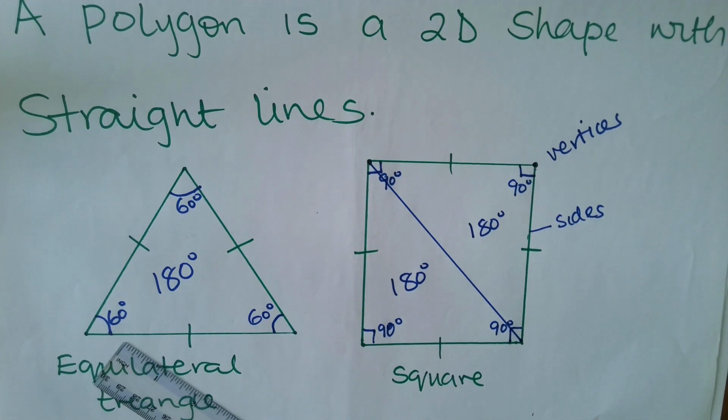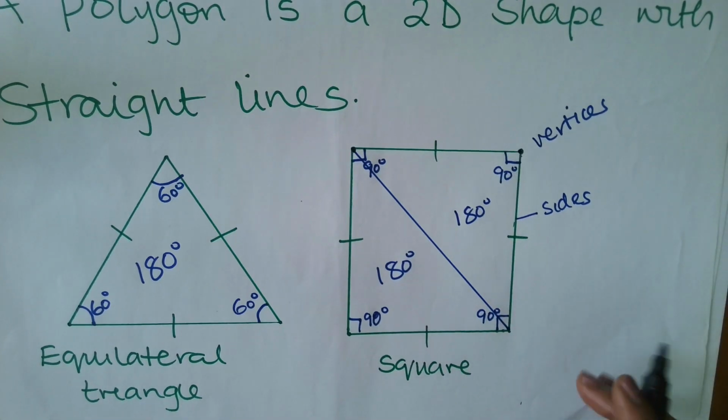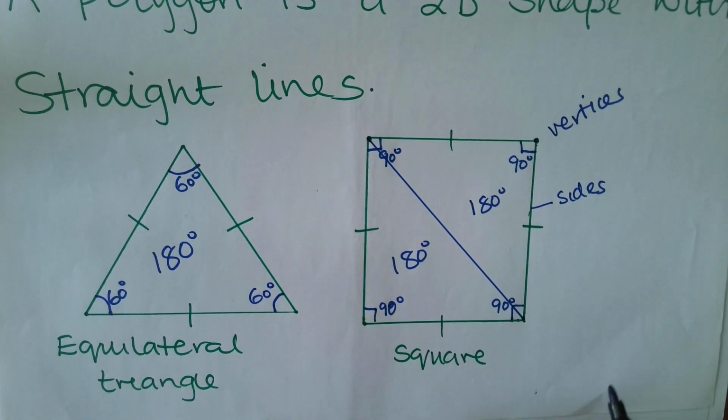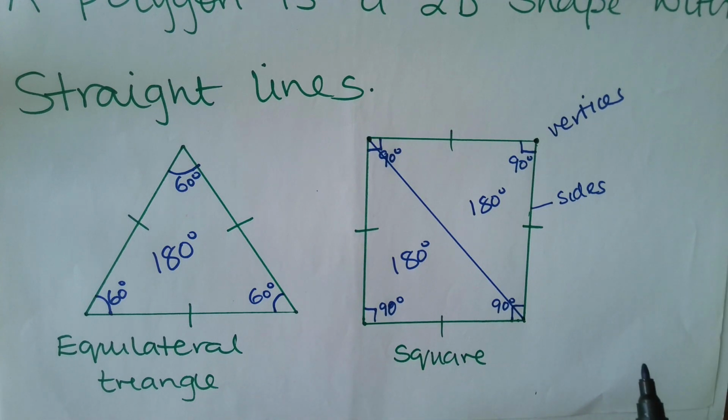So a pentagon has got 5 sides. If we draw a pentagon, we'll find out that a pentagon can be split into 3 triangles. A hexagon can be split into 4 triangles. Each of the triangles will sum up to 180 degrees.